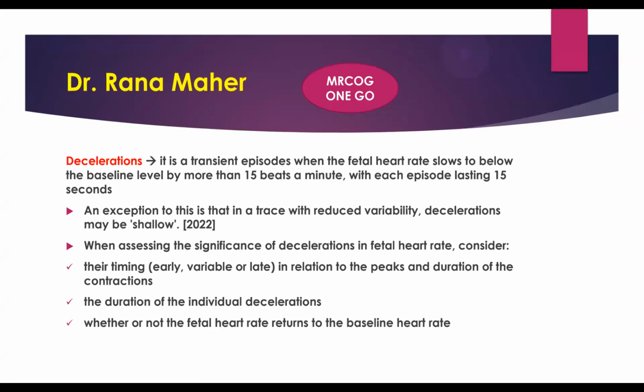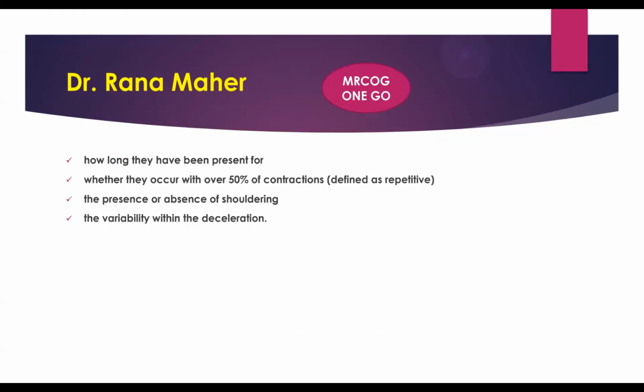So while assessing the deceleration, we need to consider the timing as we mentioned. So is it early, variable, late? What about the duration of the individual deceleration? The duration itself, and whether the fetal heart rate will return to the baseline or not. How long the decelerations have been present, and whether they occur with over 50% of the contractions.